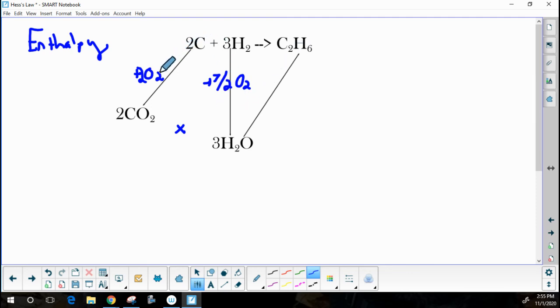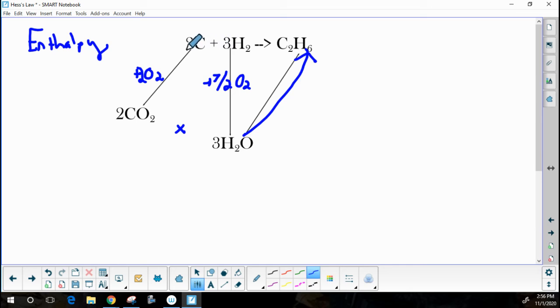So combusting 2 moles of carbon with 2 moles of oxygen will make 2 moles of carbon dioxide. Combusting 3 moles of hydrogen with 3.5 moles of oxygen will make 3 moles of water. Those two things added together will create ethane.